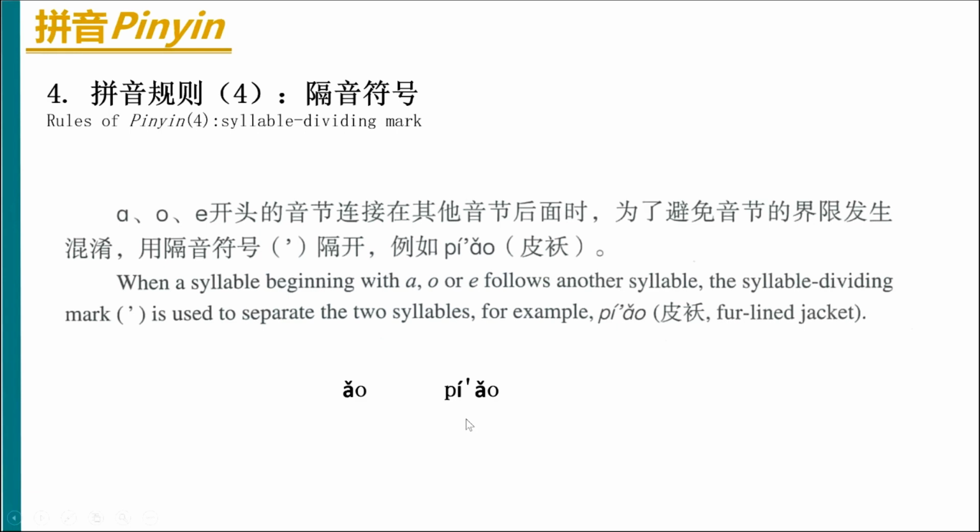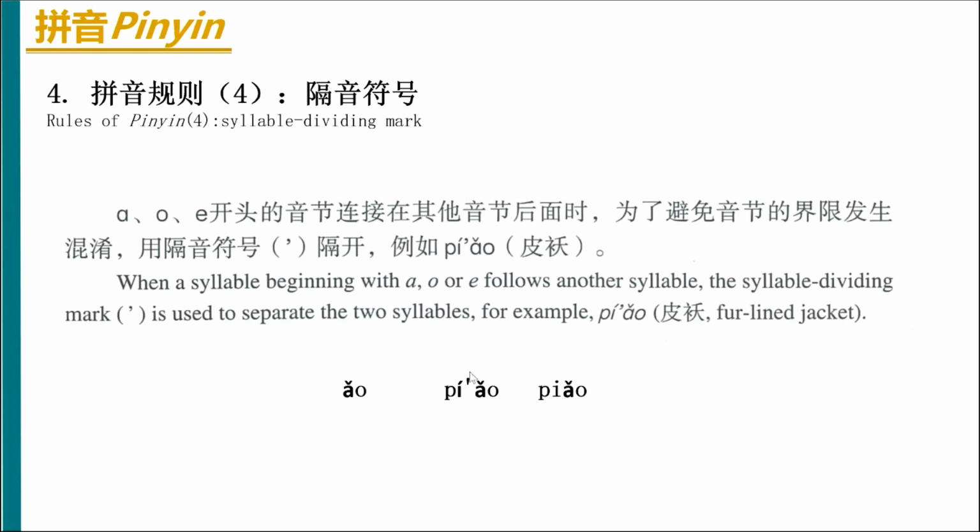Why? Because if we don't add it, it becomes this. And we can spell it out actually. It becomes one single syllable, which is 瓢, 瓢, right?